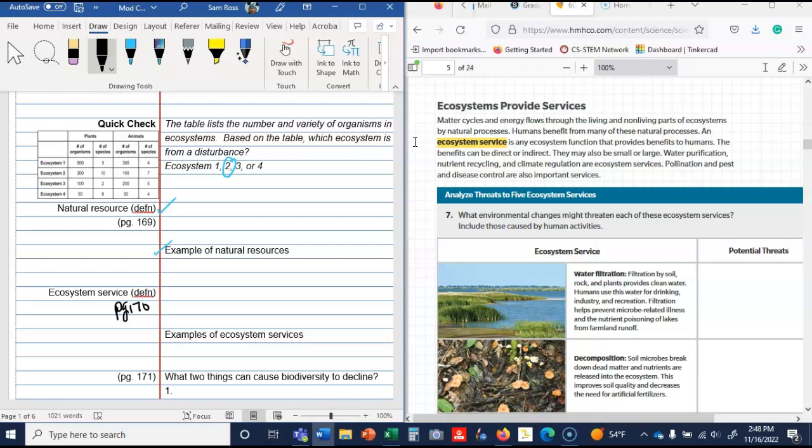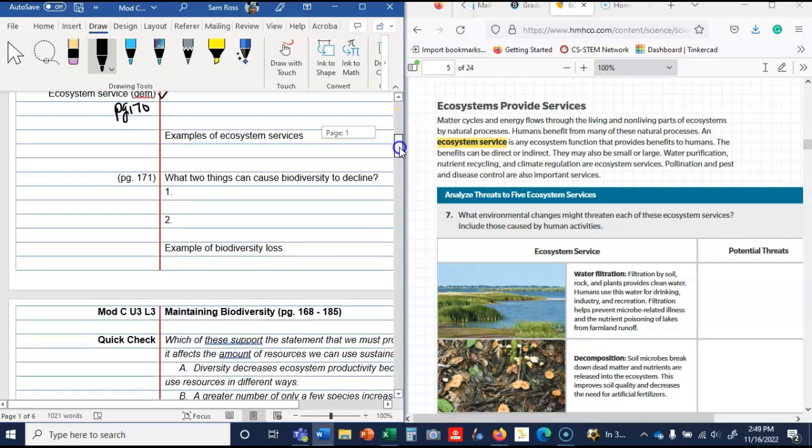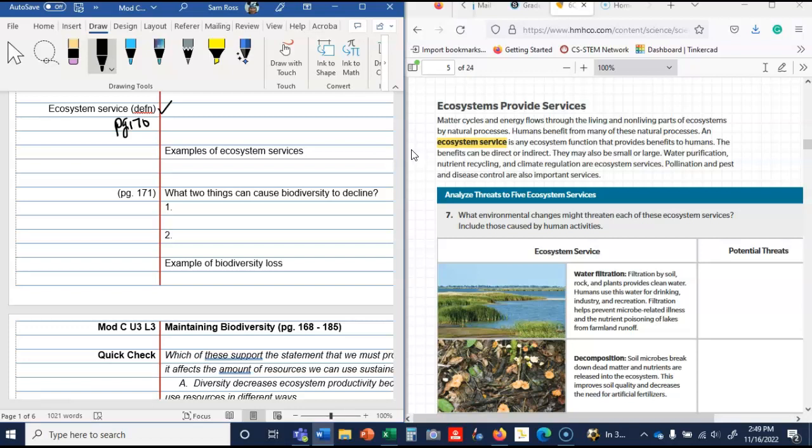Examples of ecosystem services: water purification, nutrient recycling, and climate regulation are ecosystem services.